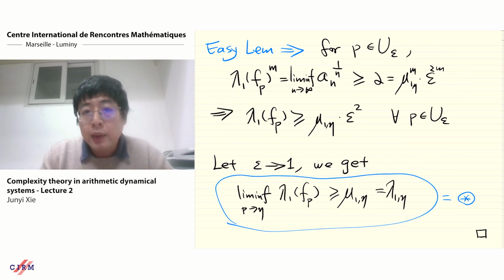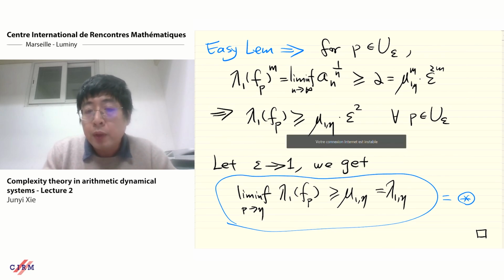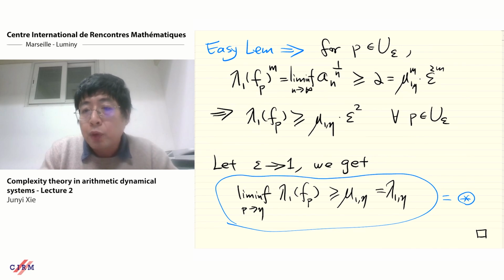Then it implies that for every p contained in U_epsilon, you have a lower bound of the limit inf, lambda 1, of A_n^{1/n}, and this is larger than or equal to alpha. By definition, alpha is mu1 eta^m epsilon^{2m}.